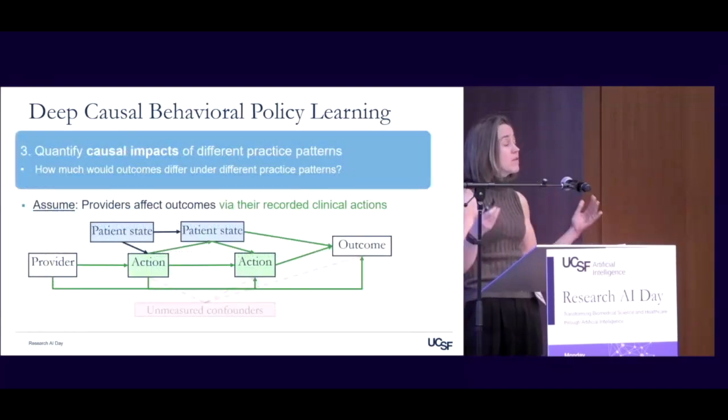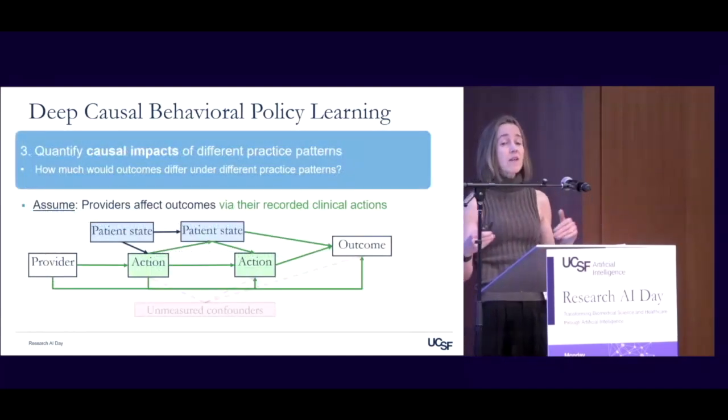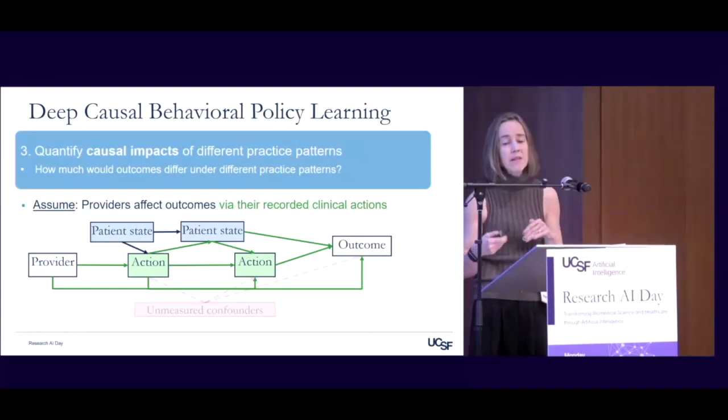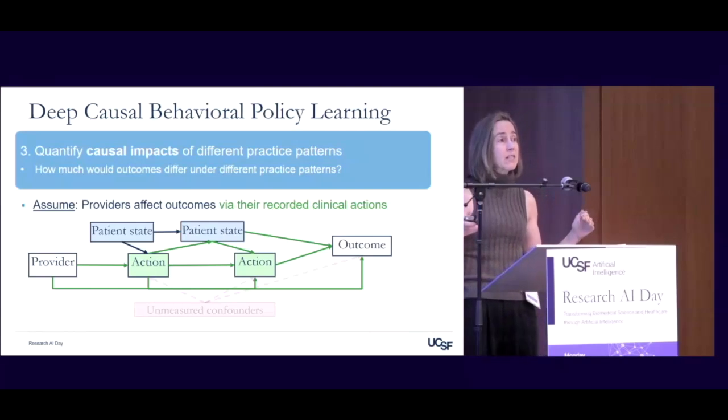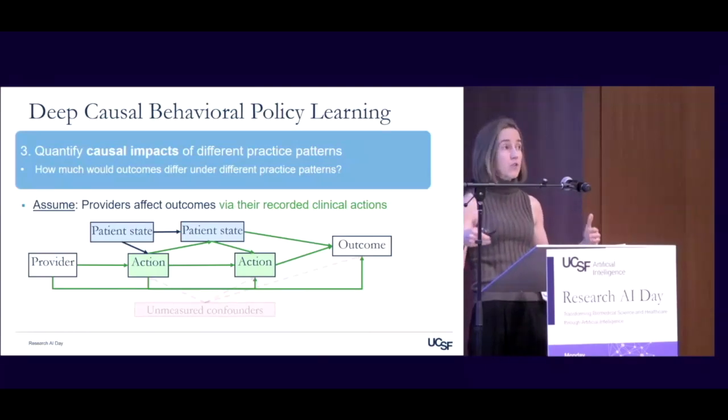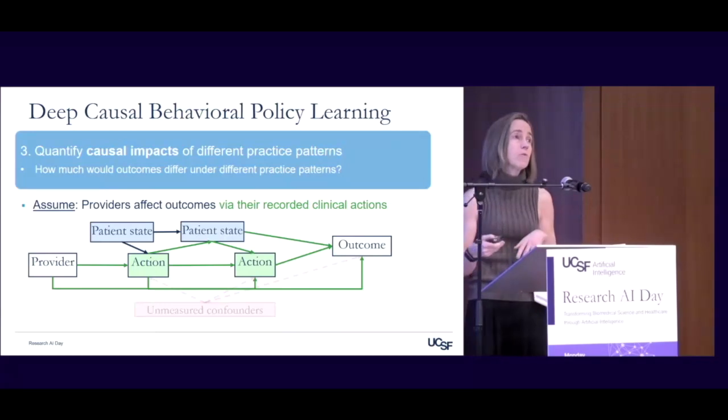And then finally, we move to this final stage of really quantifying the causal impacts of these different practice patterns. And here again, we're making use of causal machine learning or causal AI methods. The core assumption at this stage is that providers affect outcomes predominantly through their recorded clinical actions. And this is an assumption that's going to become more and more tractable, I think, as the richness of what we're capturing in electronic medical records increases.